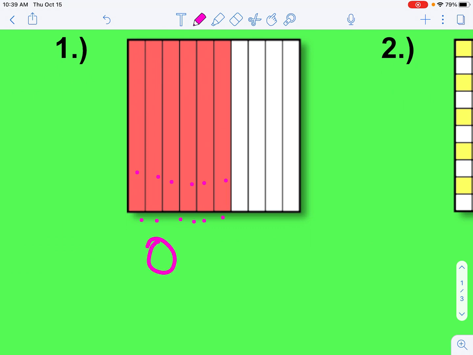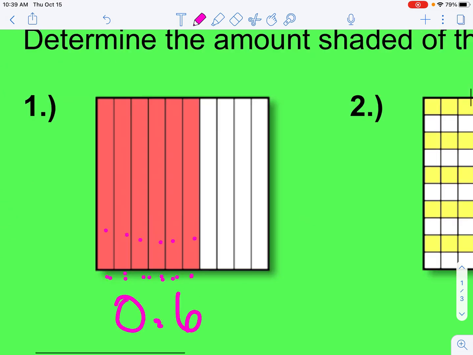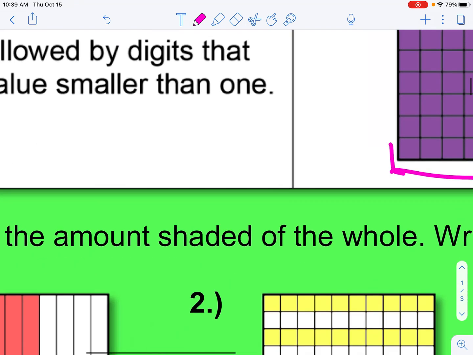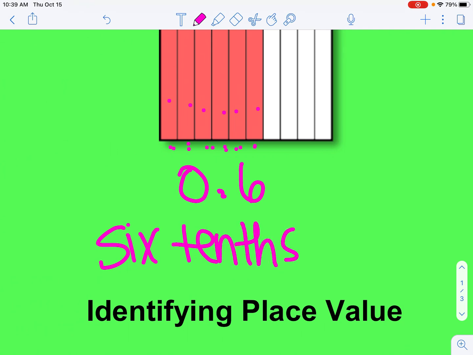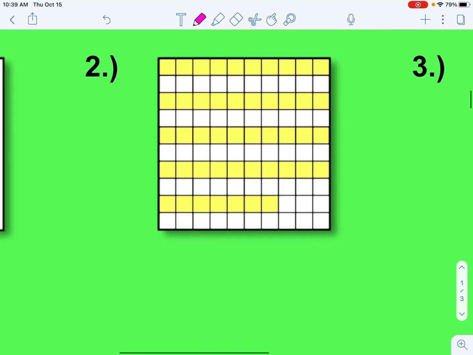So our number is 6 tenths. And the reason it's 6 tenths is because these are shaded in tenths, not hundredths like this picture up here. Okay? So we write this as 6 tenths. And again, you notice the THS there.